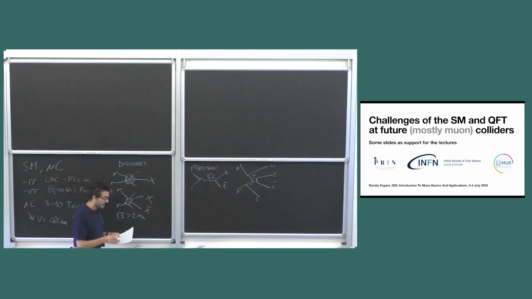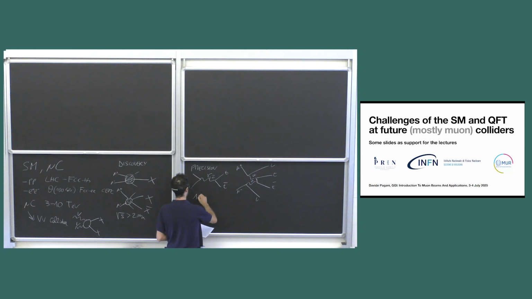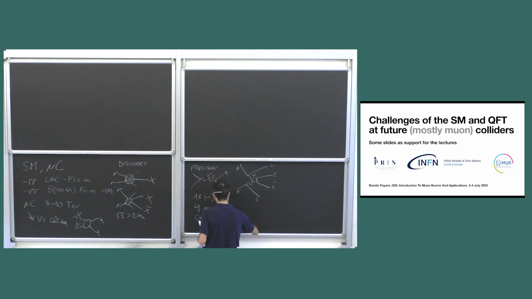And this is very incredible because if you think about it, the standard model is just 18, let's say plus 1 parameter, because you have 9 fermion masses, or alternatively the Yukawas, then the CKM that is giving you 3 angles and 1 phase.